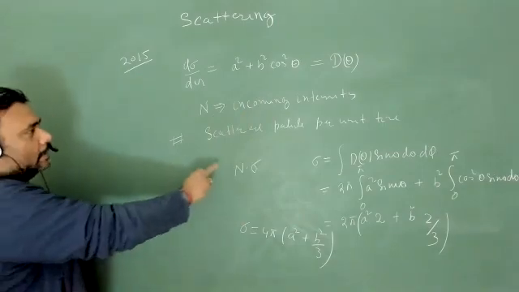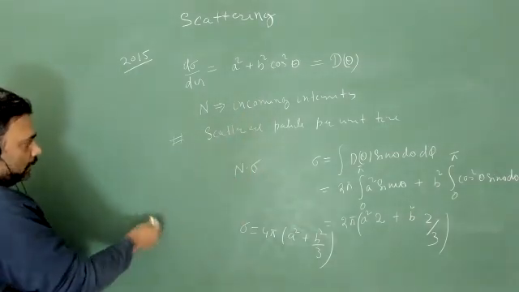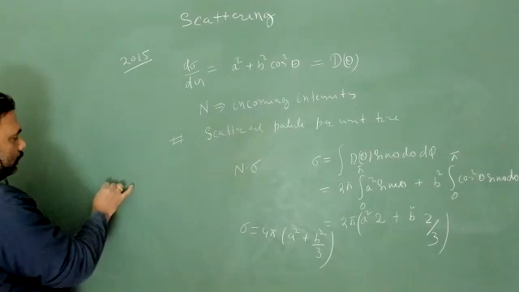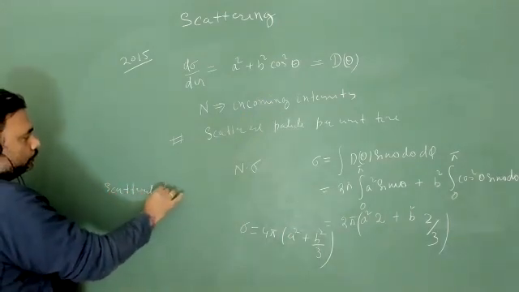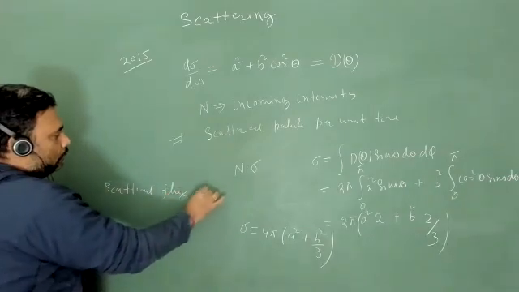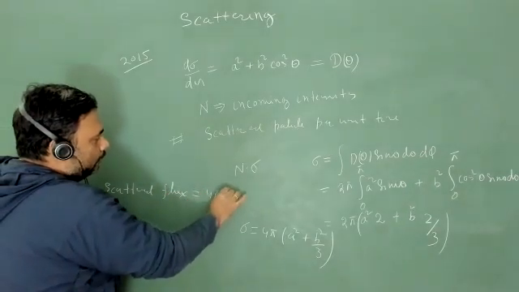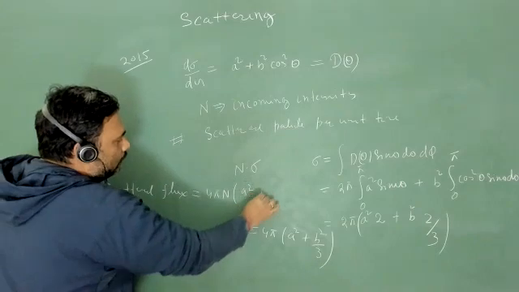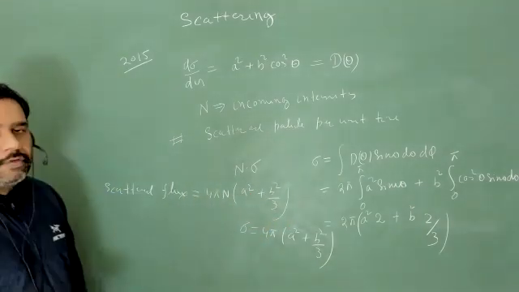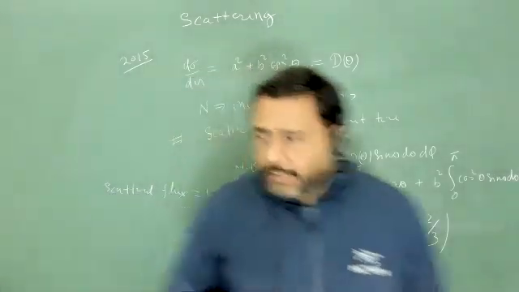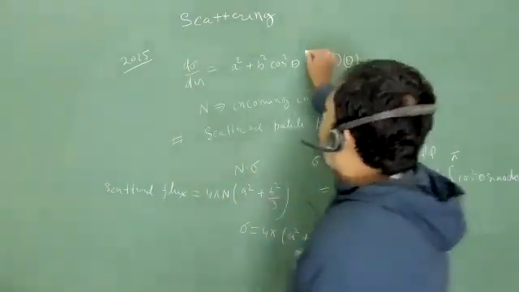So we have to find the scattered flux, and the scattered flux will be 4 pi n, and you have a square plus b square by 3. So this is a very simple problem, but you have to identify what this particular thing is.